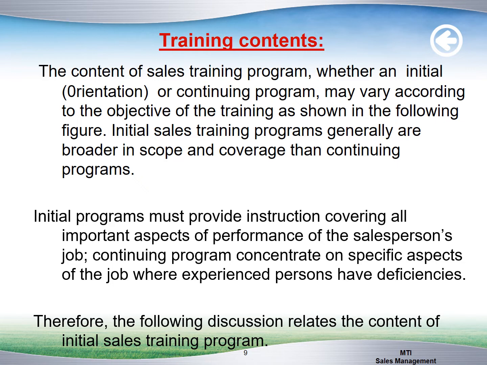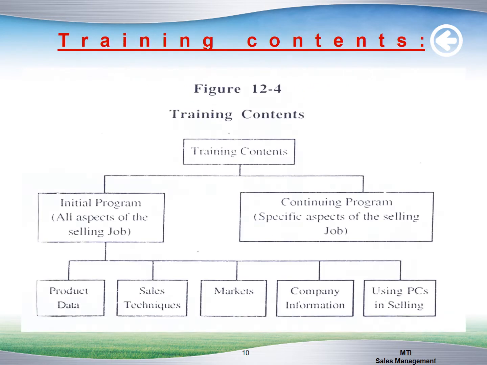So I have two types of training program: the initial or orientation program, and the second one for experienced salespeople, especially when they have some deficiencies in their work. Therefore, the following discussion relates to the content of the two types.